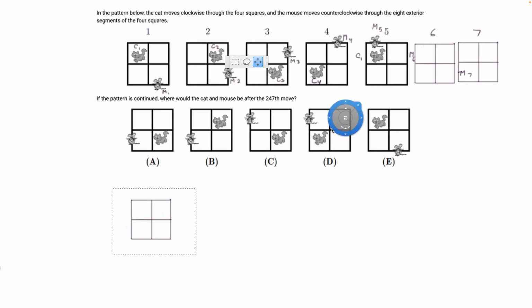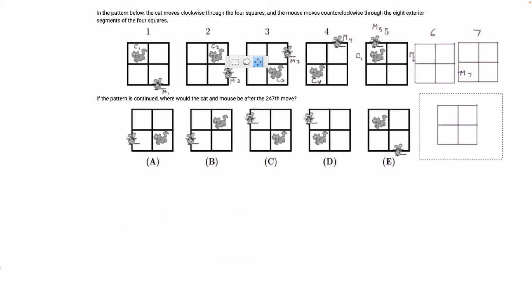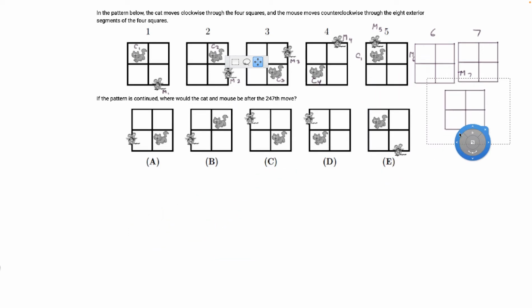And then if we extend another square for the square number 8, we have that this is the 8th square. And the mouse is now at this edge, M8. And then if we have one more move to the right, it's at the beginning where we had M1, so we don't need to write that.